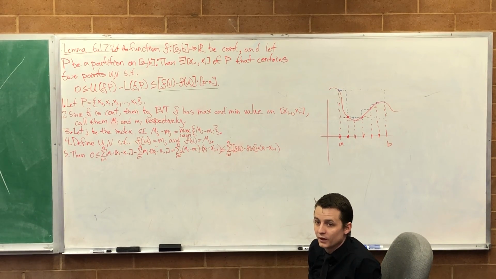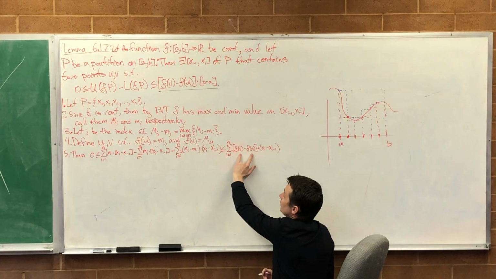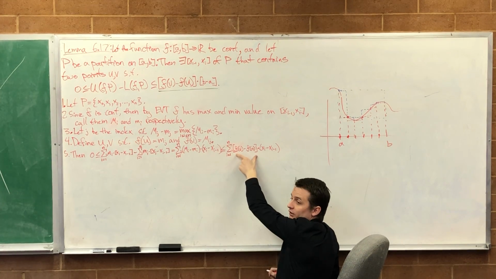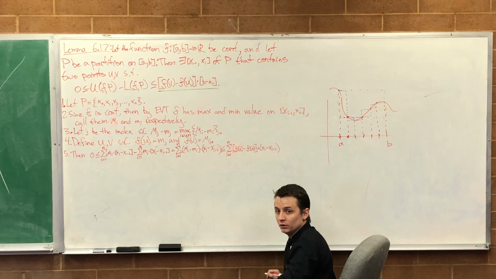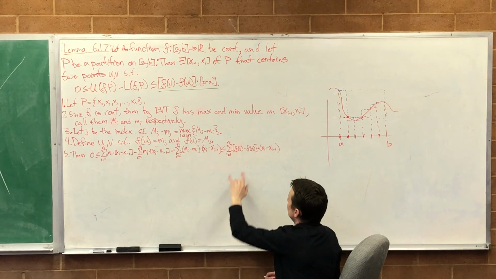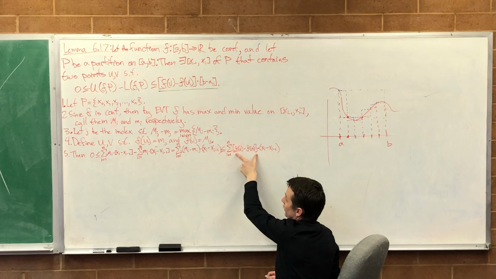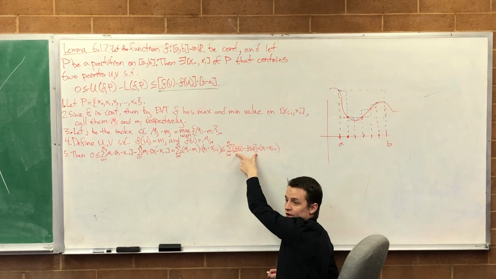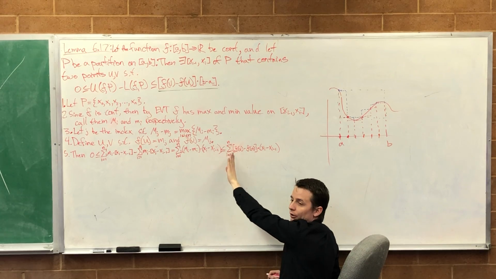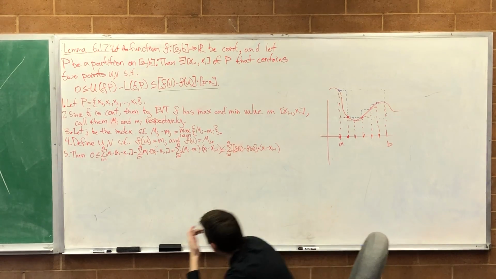Okay with that? Now notice this value, whatever that difference is, doesn't change with i. That's now just a constant for this whole sum. When you plug in i equal to 1, you get a number here. When you plug in i equal to 2, you still get the same number. When you plug in i equal to 3, you still get the same number. So we can factor that out of the sum. It's in no way dependent on i.